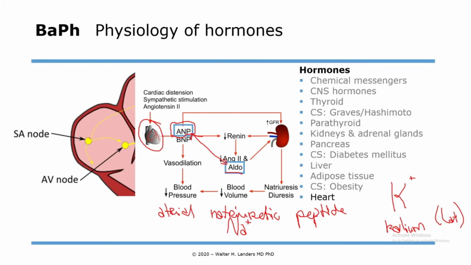So if this SA node is stretched too much, or if the atrium itself is stretched too much, as you can see here, for example by high blood volume, it's predominantly high blood volume, your body will start to excrete more water because of ANP, because of this hormone.